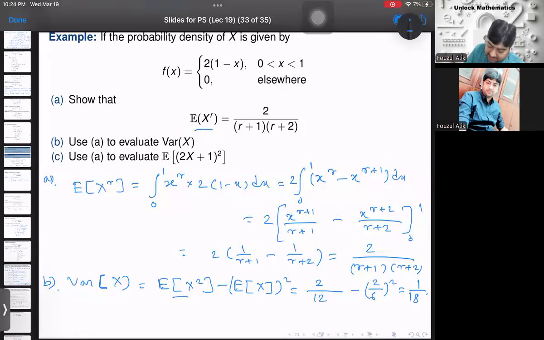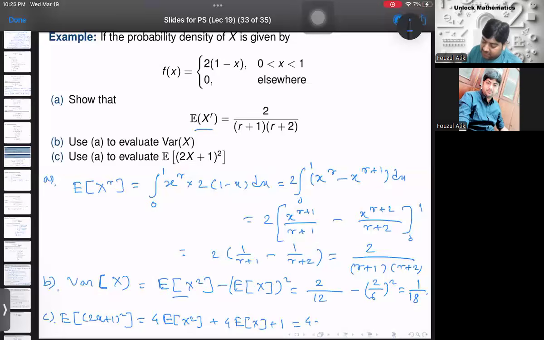Easy. And part C is again the same way. We know that the expectation of 2x plus 1 whole square is equal to 4 into E of x square plus 4 into E of x plus 1. If you put in the E of x square and E of x values, E of x square was actually 1 by 6.